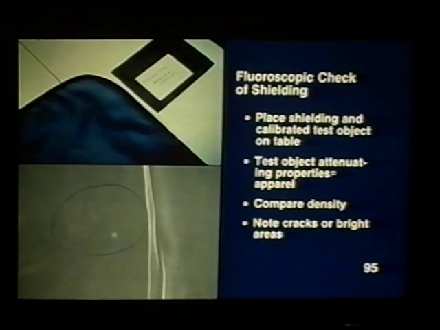Number 95. For a fluoroscopic check of the shielding, set the controls for fluoroscopy and place the items to be tested on the table, smoothing the items as flat as possible. Place a calibrated test object on the table for comparison. This test object should be a small piece of lead or lead equivalent material that has been measured to correspond with the desired attenuating properties for protective apparel.